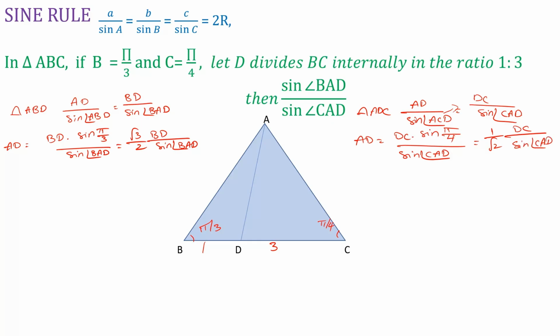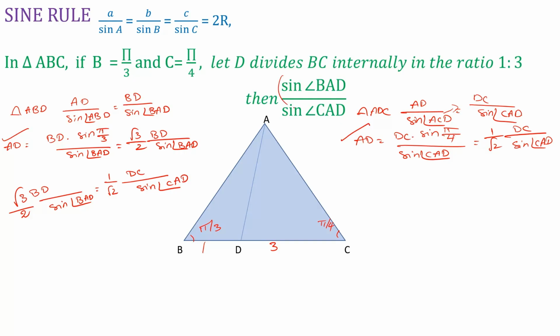We have two different expressions now. One expression for AD and then we have the second one. Equate both the expressions. We can write root 3 upon 2 BD upon sine angle BAD is equal to 1 upon root 2 DC upon sine angle CAD.